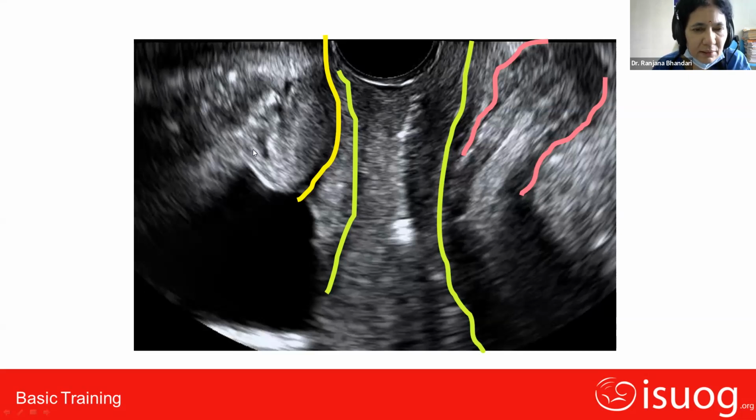But orientation in TVS is quite different from the normal TAS or transabdominal orientation. See, this figure is very, very important. All the anterior structures, that is the bladder, are seen towards the right side. All the posterior structures, see the rectum, anal canal is posterior, are seen towards the left side of the screen.